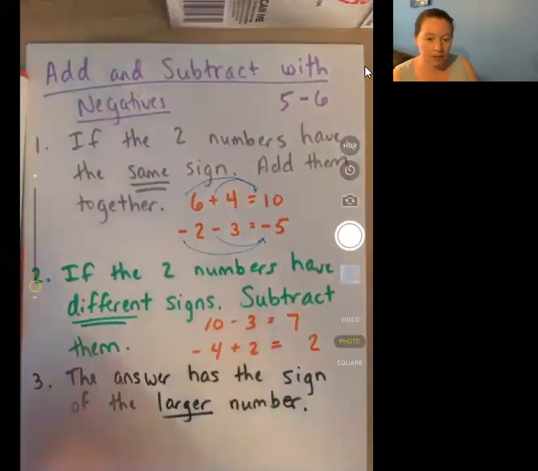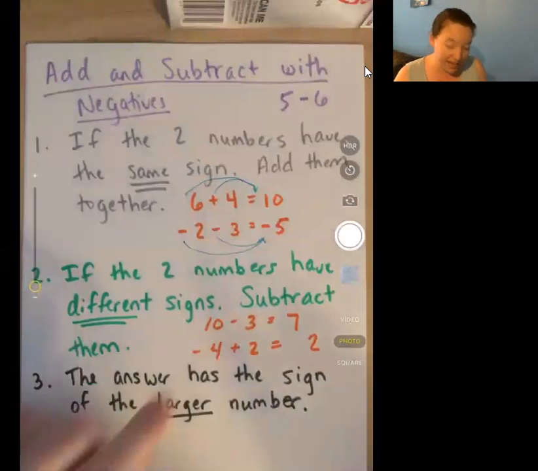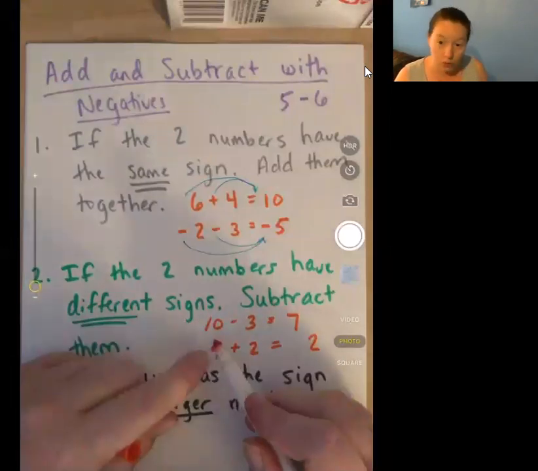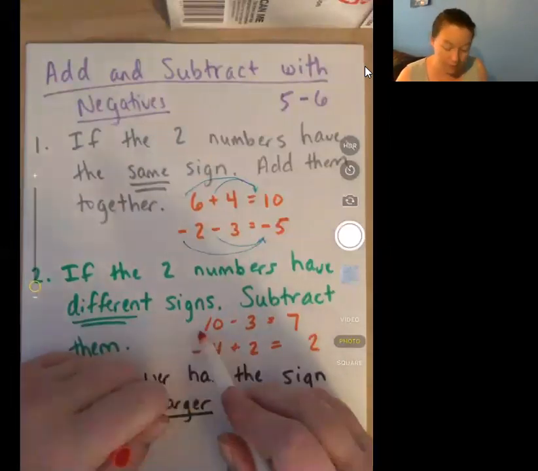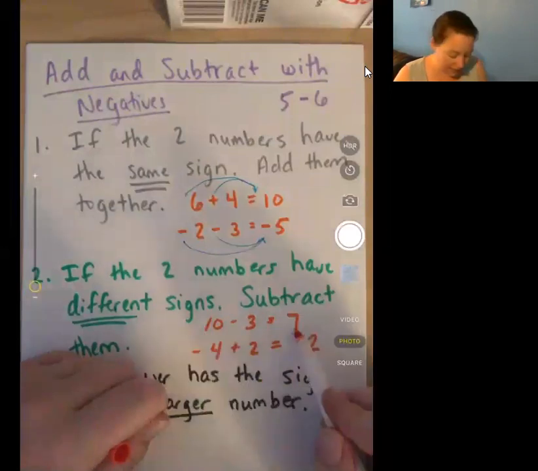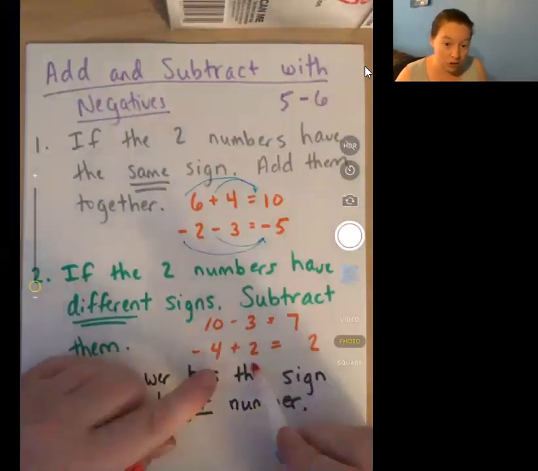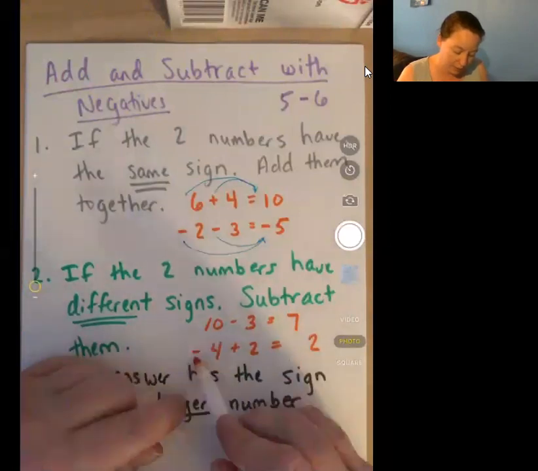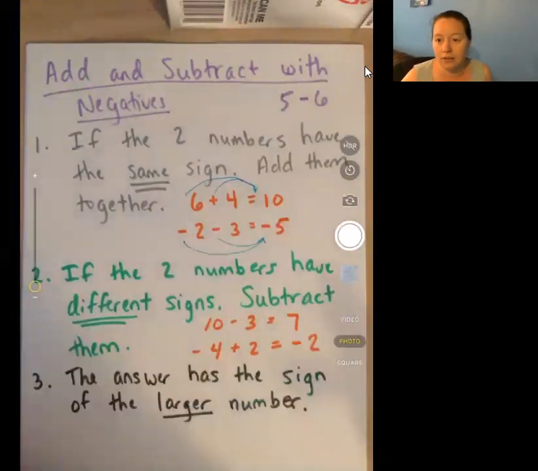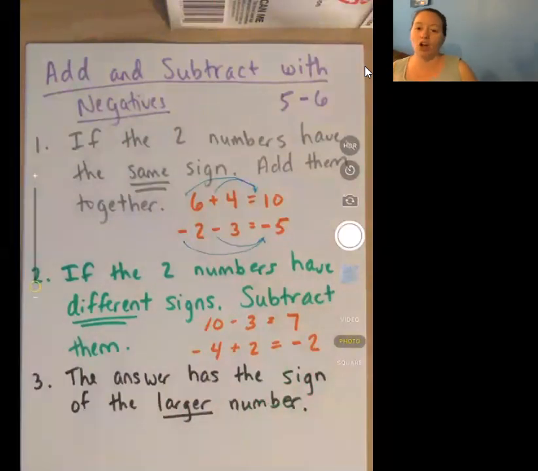Okay? So in this case, the 10 is larger. 10 is bigger than 3. 10 is positive, our answer is positive. In this case, 4 is bigger than 2. 4 is negative, our answer is negative. Okay? That's all there is to it. The answer has the sign of the larger number every time.